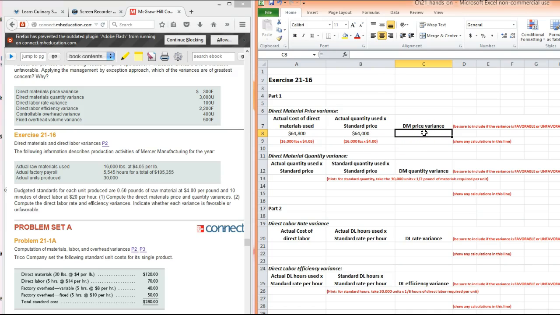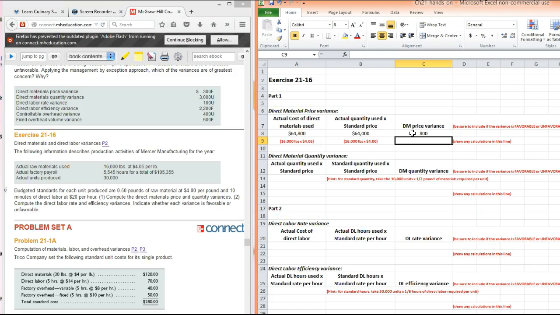The variance is just the difference between the two. So if I take my 64,800 and I subtract the 64,000, I have $800. But I don't use positive or negative numbers in variances, so I need to decide if this is favorable or unfavorable.